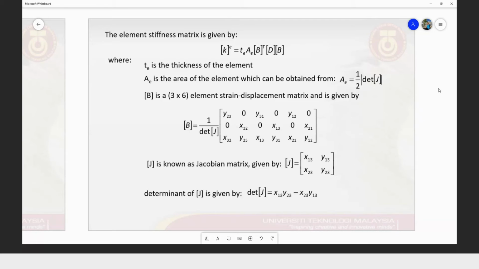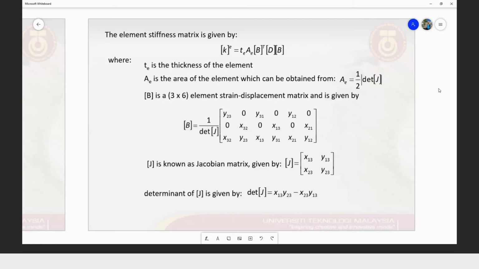The element stiffness matrix for one CST element is governed by the thickness of the element itself, the area of the triangle, and then the element strain-displacement matrix B, which, as we can see here, just contains the geometrical information of the CST itself.